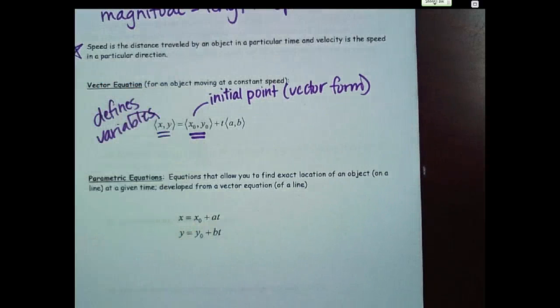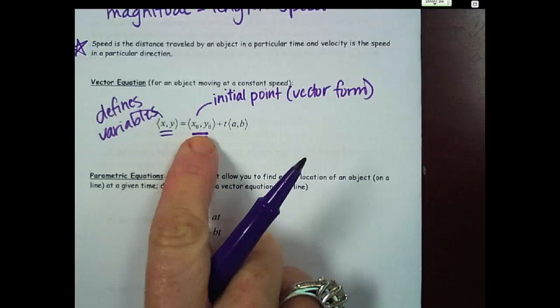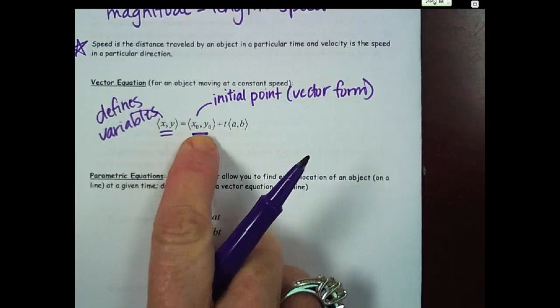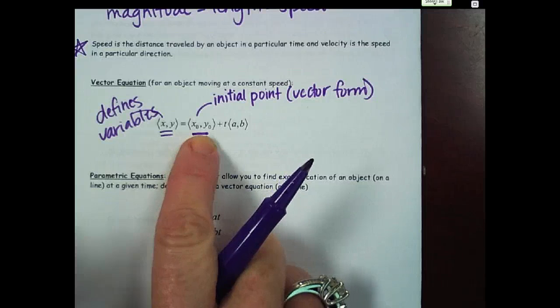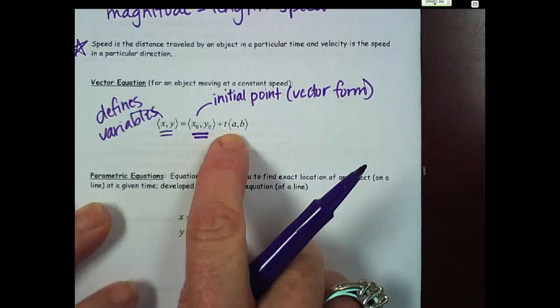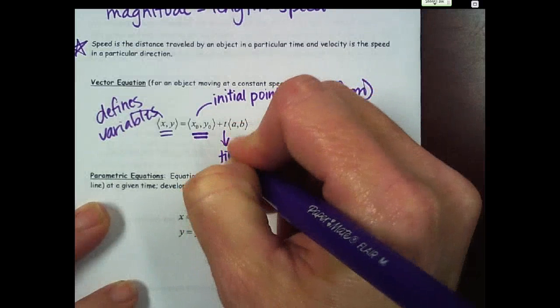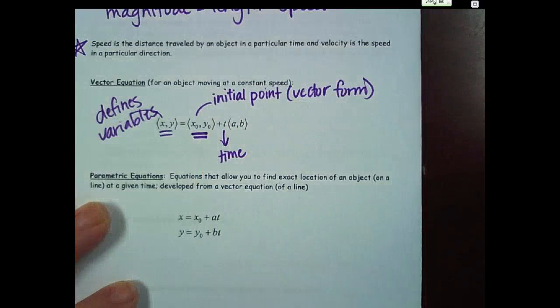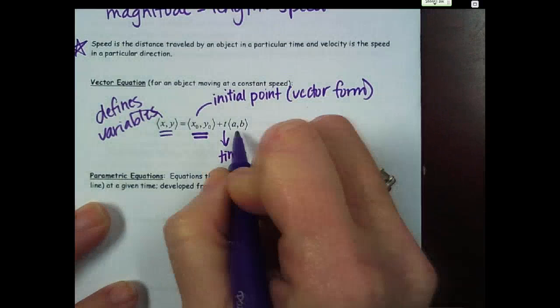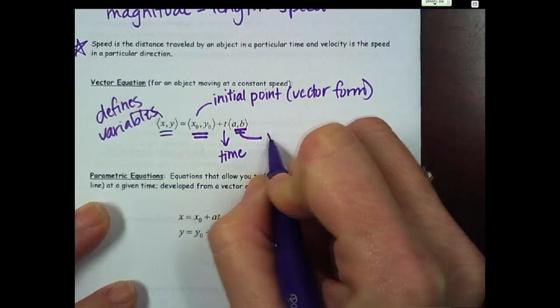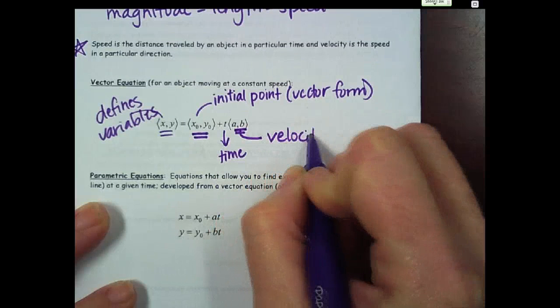So that first vector is where that boat or airplane starts. Now the next one is t. What do you think t stands for? Time. And this last one, a, b, is the most important, you'll use it the most: the velocity.